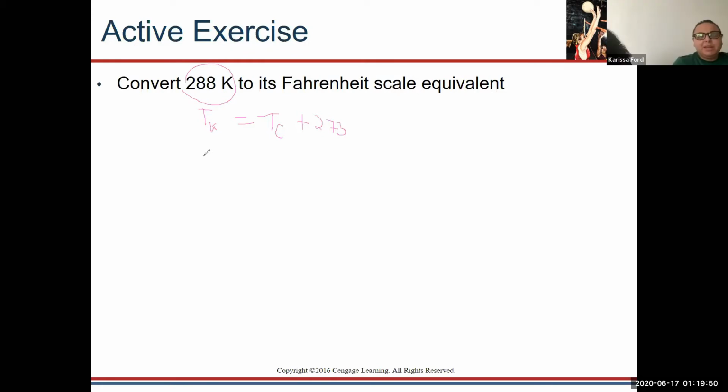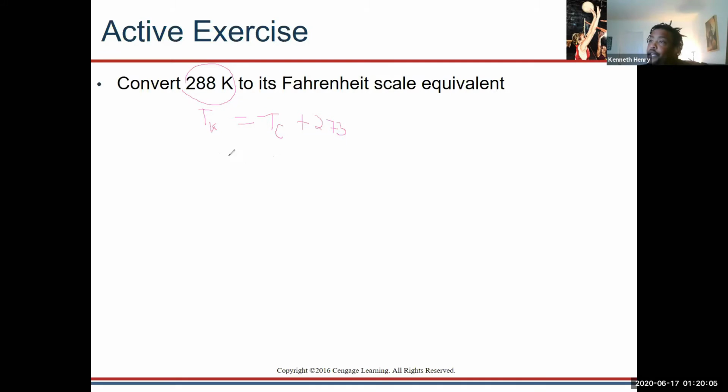So is it going to be 288 plus 273? So what are we solving for in this case? 288 minus 273. That is correct.